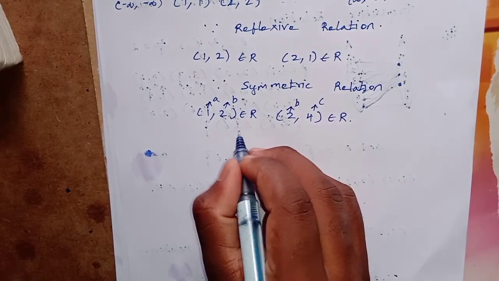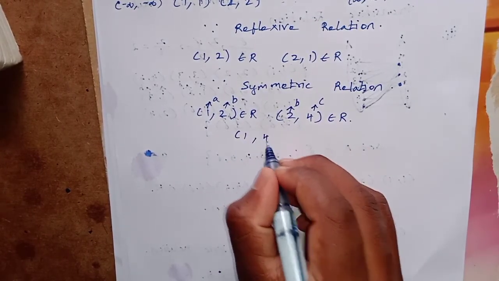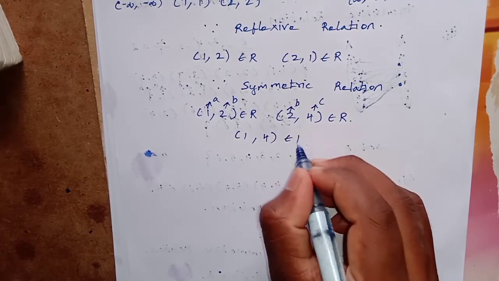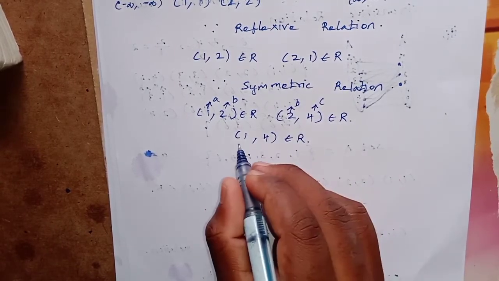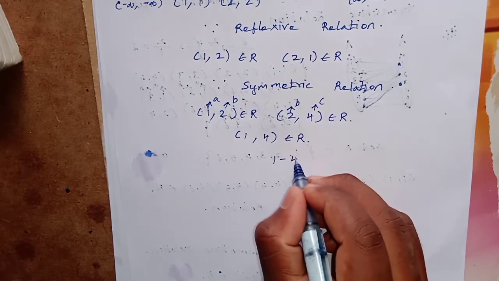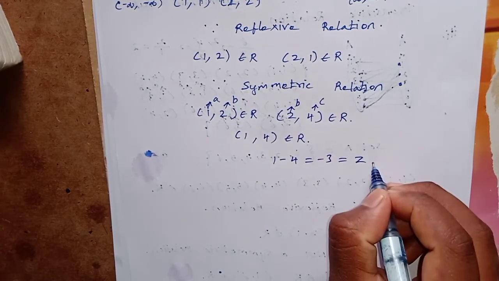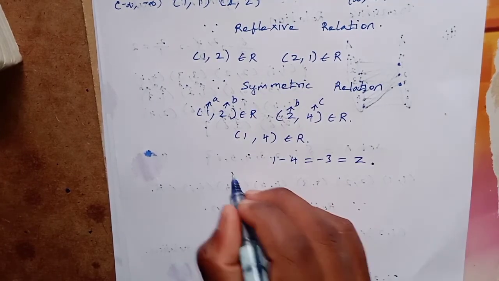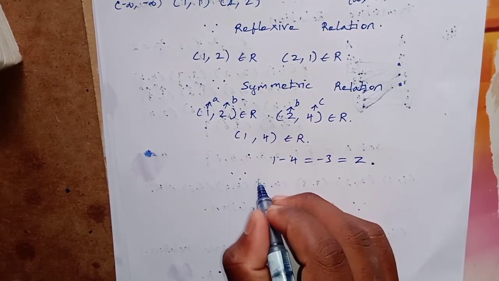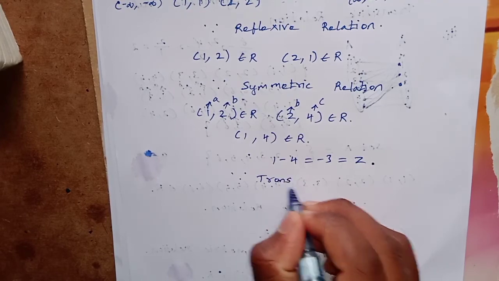Therefore A C, 1 comma 4, belongs to R. If you subtract it, 1 minus 4, you will get minus 3. Minus 3 again is an integer. Therefore here the transitive relation is satisfied.